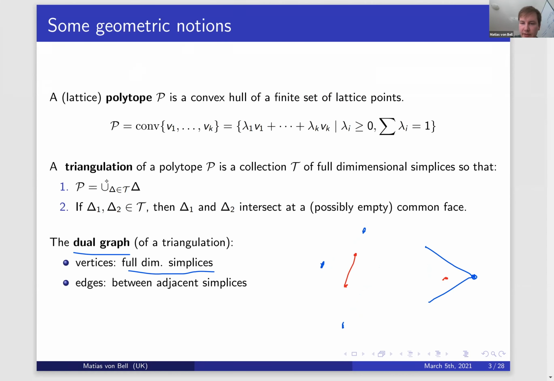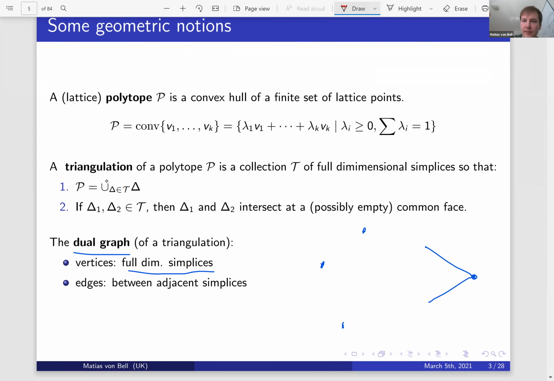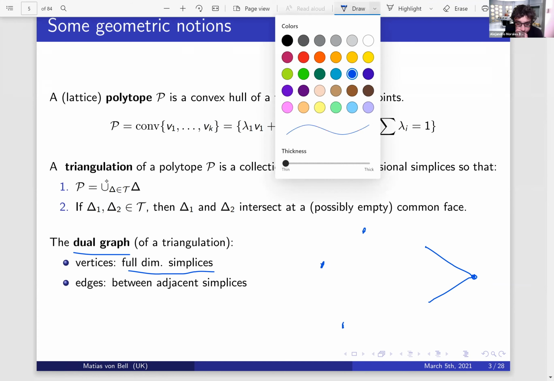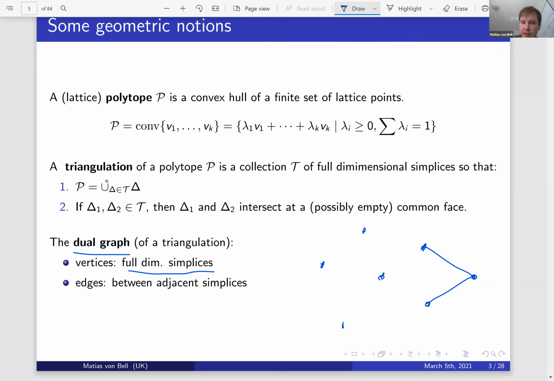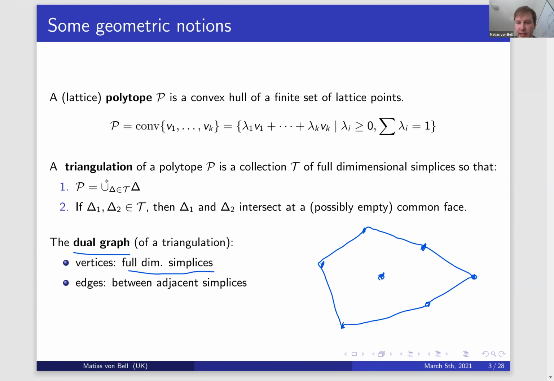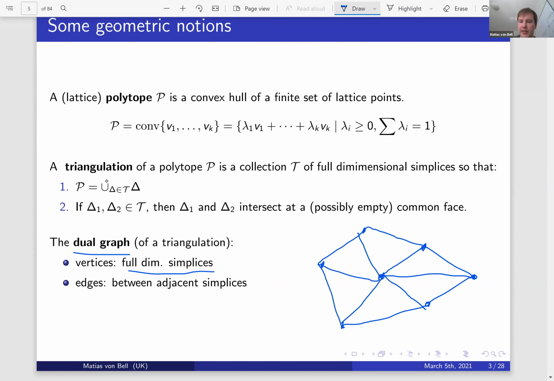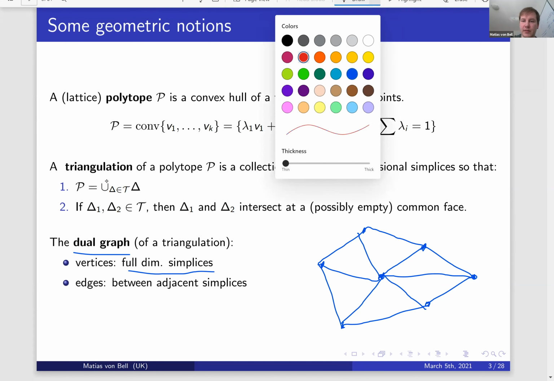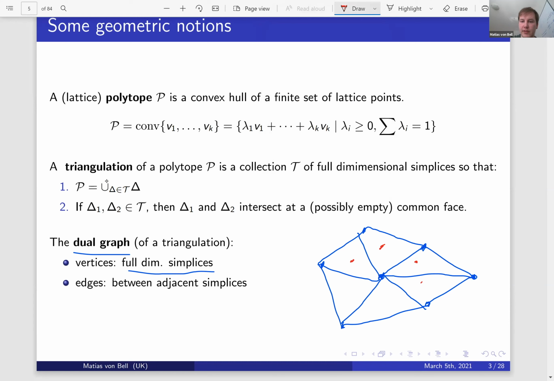If my polytope consists of those points, I had a point in the middle here, and so my polytope is technically the convex hull of these sets, and I happen to have a lattice point inside. Let's do a different triangulation. Let's do something like this, like a star shape. Then in this case, my dual graph would look like a, what is that, a hexagon.